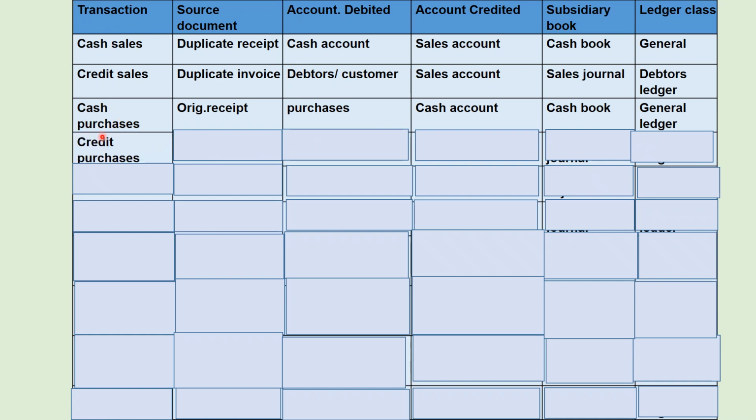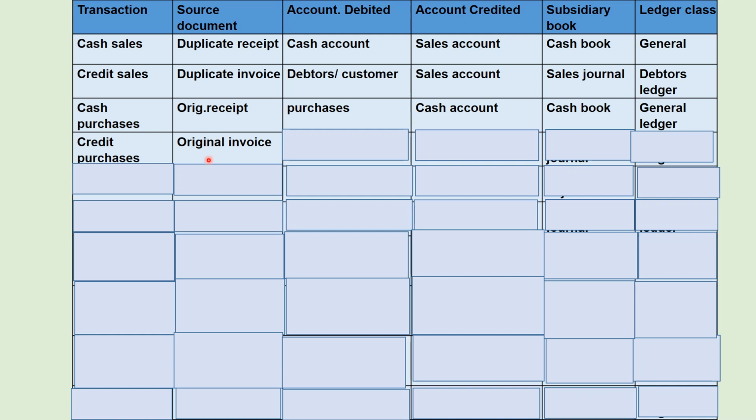The next scenario is where you buy things on credit. So this is the one that I explained, which involves the original invoice. You receive the original invoice. So the source document is the original invoice because the person or the company you have bought goods from is going to issue you an invoice, okay, showing the goods that they have supplied to you and their prices. They will remain with the duplicate of the invoice, but you are going to receive the original invoice. Hence, the source document is the original invoice.